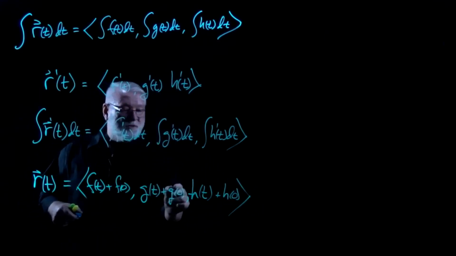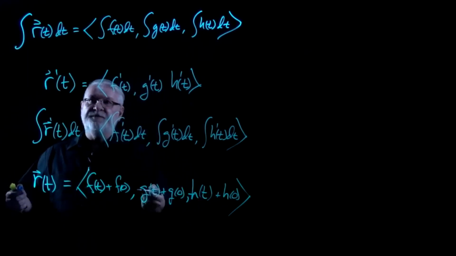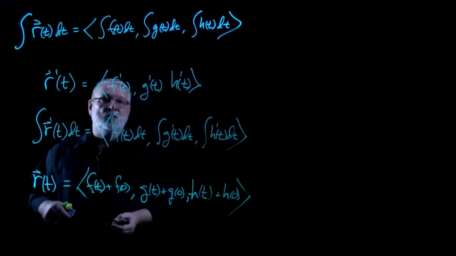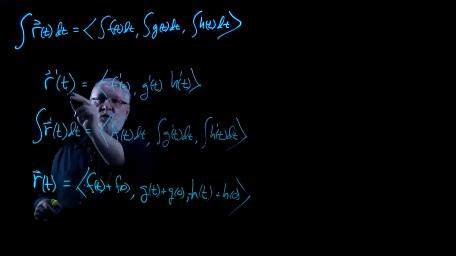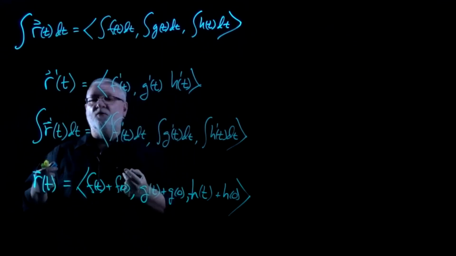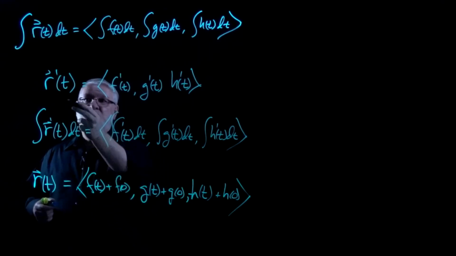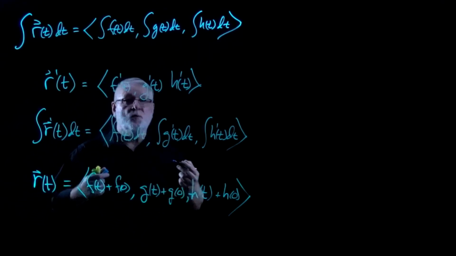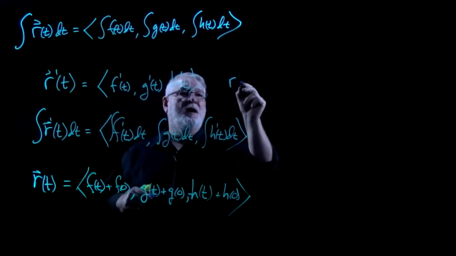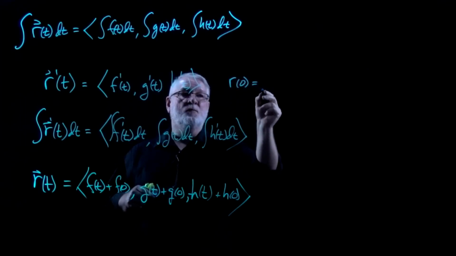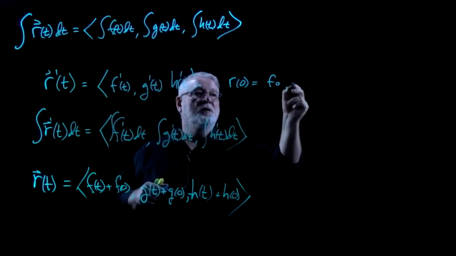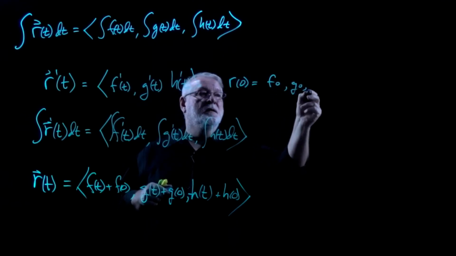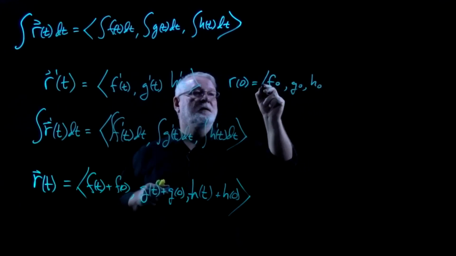These constants will be filled in by a boundary condition you'd be provided with. That is, if you were provided with this as a question, hey, find the original vector function from its derivative, you would also be provided with an r at 0 equal to a specific f naught, g naught, h naught trio.